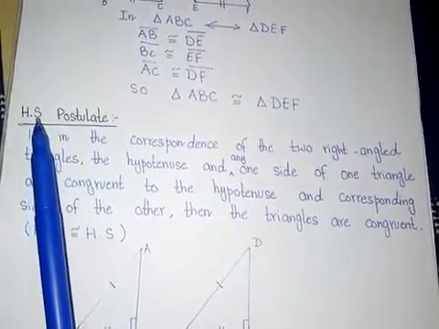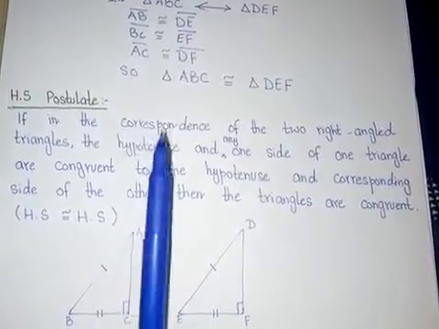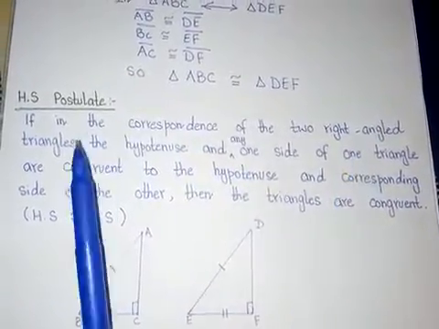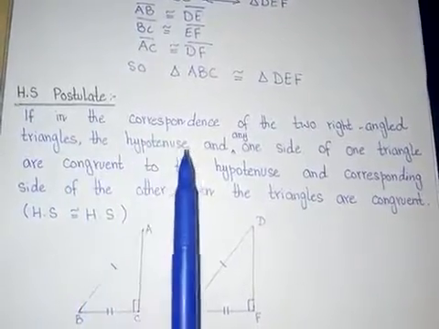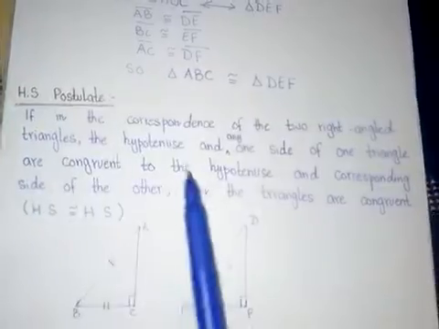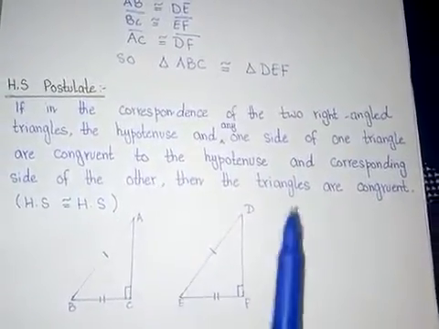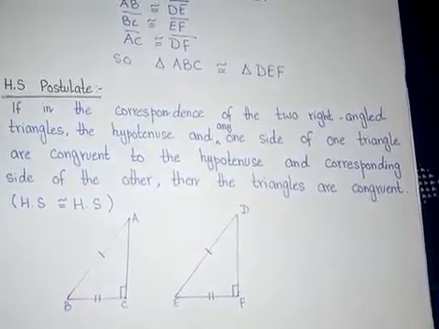Again, we are taking the comparison of two right angled triangle. If the hypotenuse and any one side of one triangle are congruent to the hypotenuse and corresponding side of the other, then the triangles are congruent.